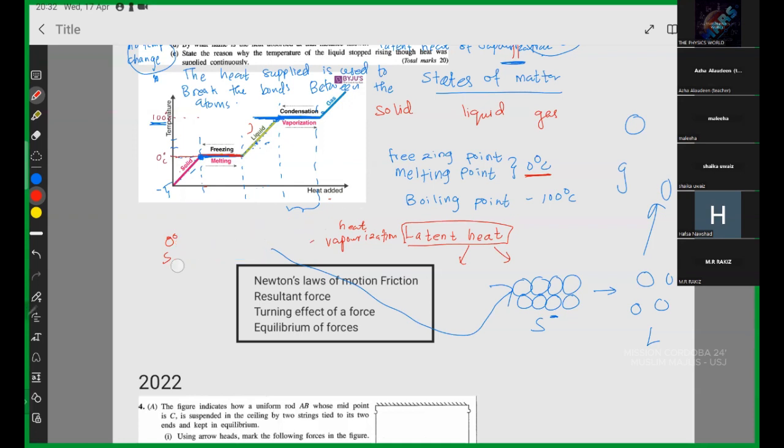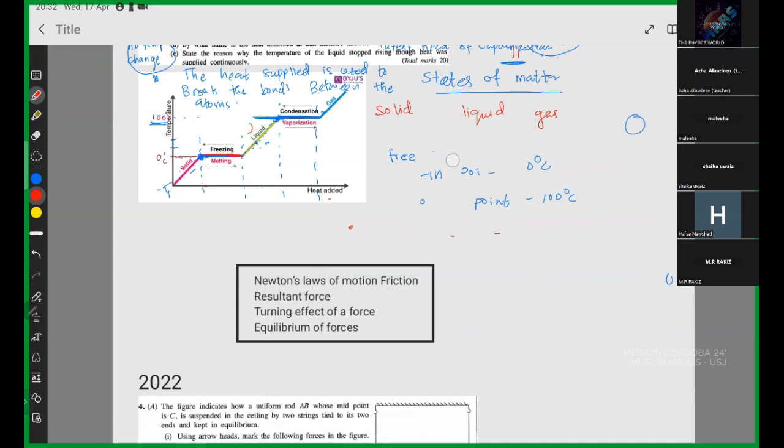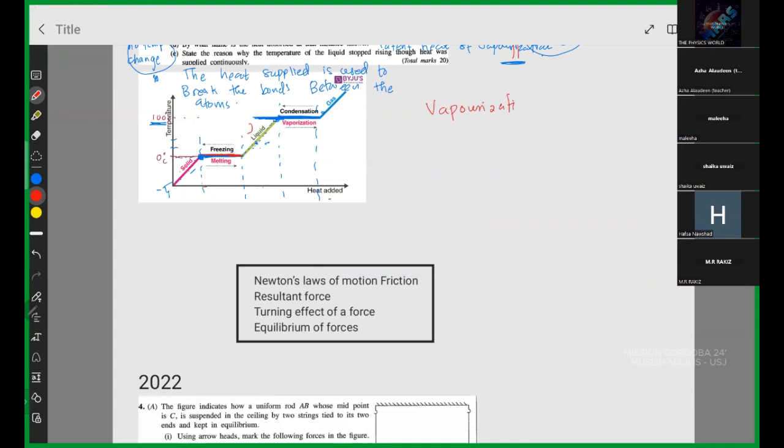I'll erase all this. Vaporization, evaporation. Conversion of liquid to gas, liquid getting converted to gas, is vaporization.